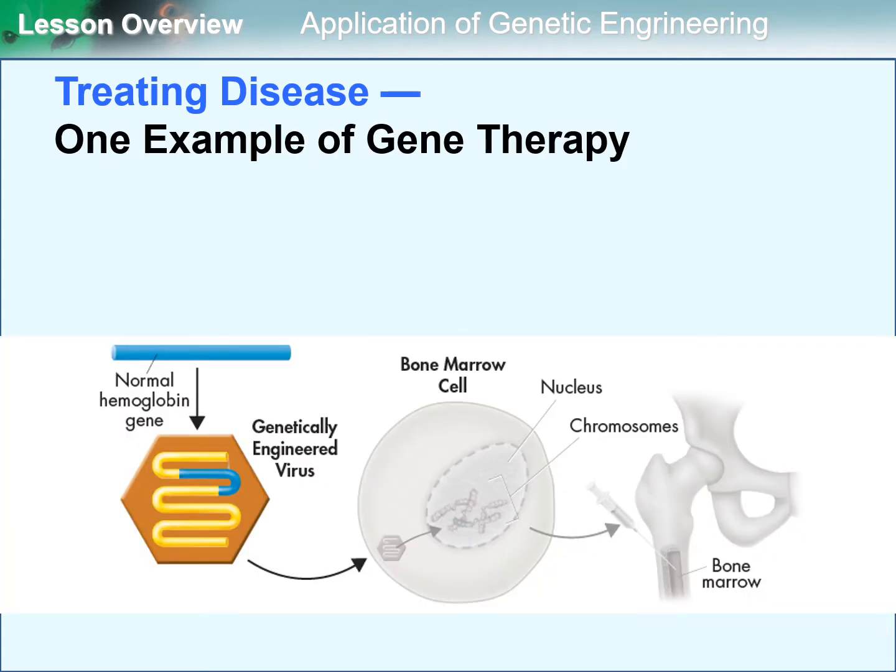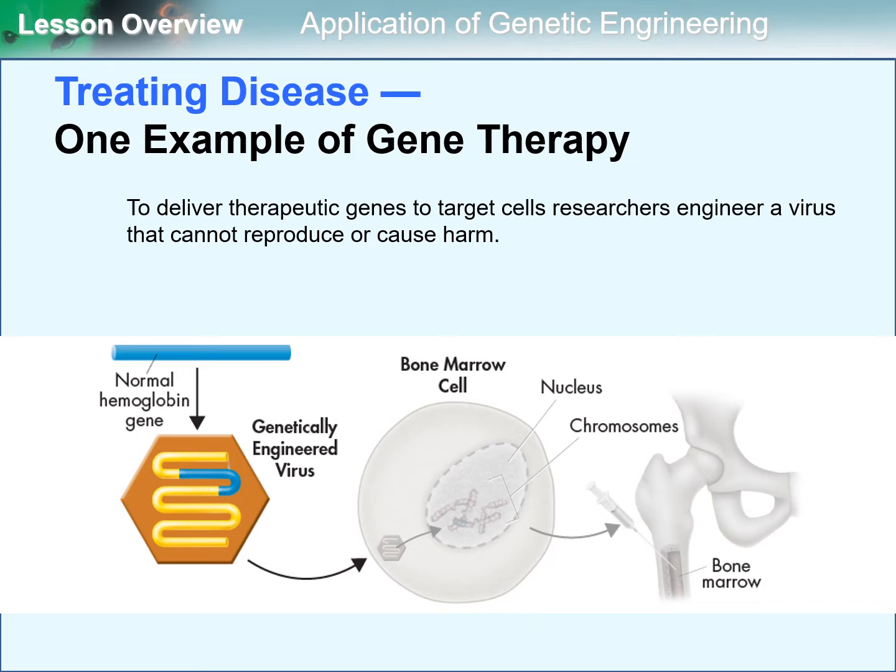This is an example of gene therapy. To deliver therapeutic genes to target cells, researchers engineer a virus that cannot reproduce or cause harm. This is the normal hemoglobin gene, and this is the genetically engineered virus.